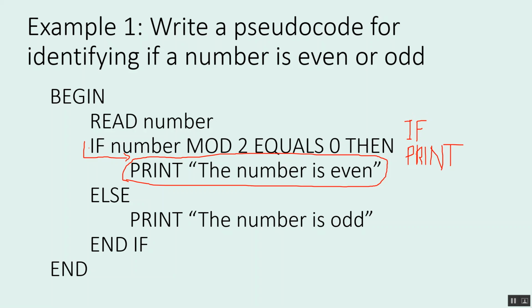It doesn't depend on this if. If this is false or if this is true, this print here will still print whatever the evaluation of this if.